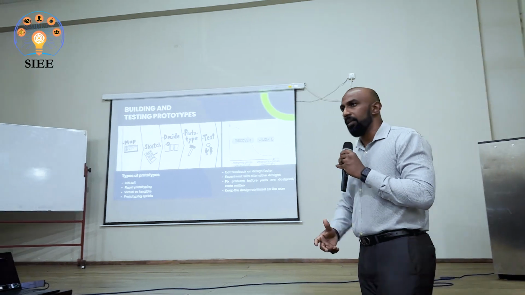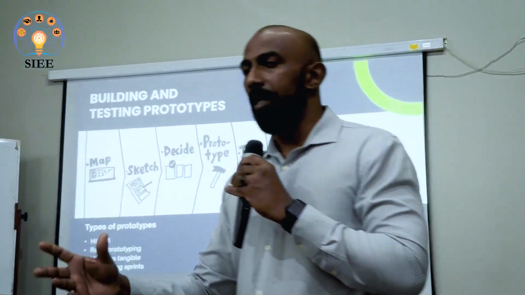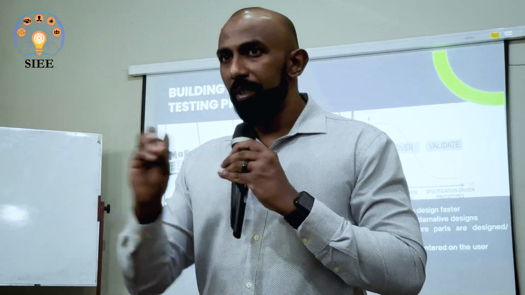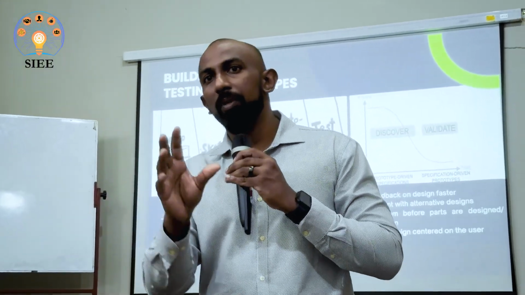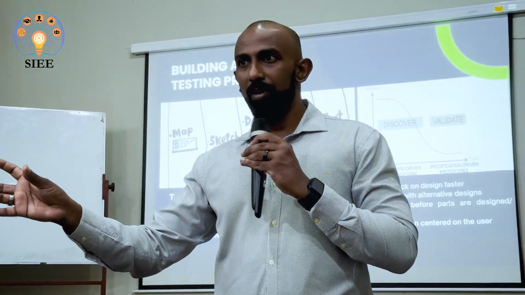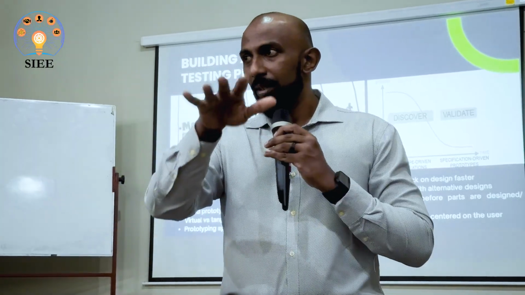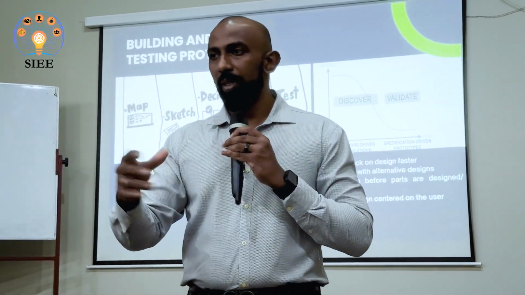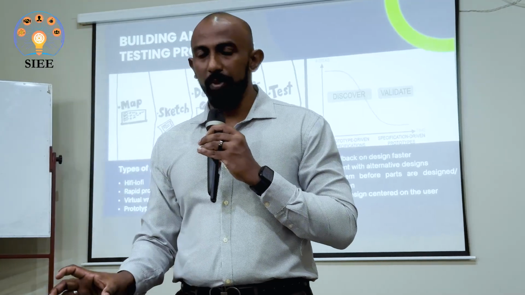What does that mean? So you have, let's say, 10 ideas. You are making 10 different prototypes. You are testing these prototypes to develop your spec, right? You create 10 prototypes and you are testing it out, and then you have your spec document.